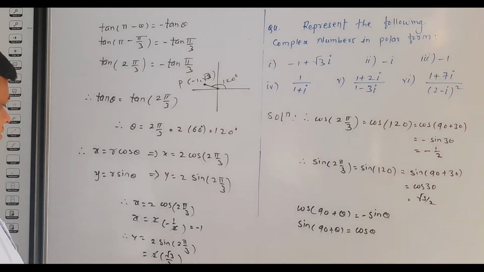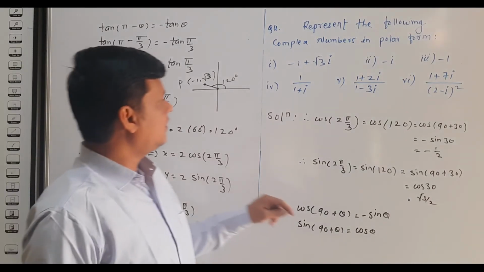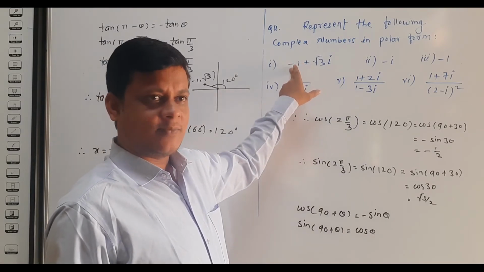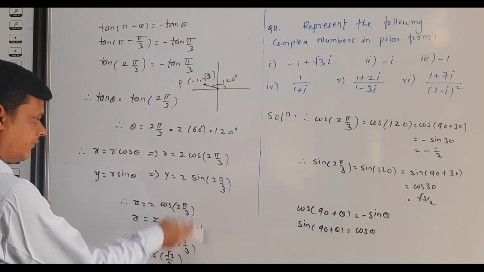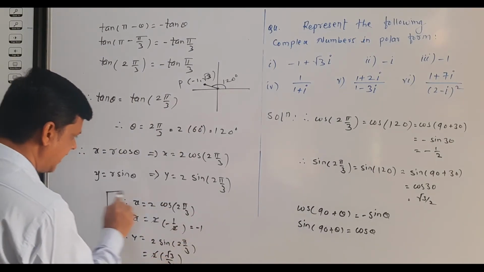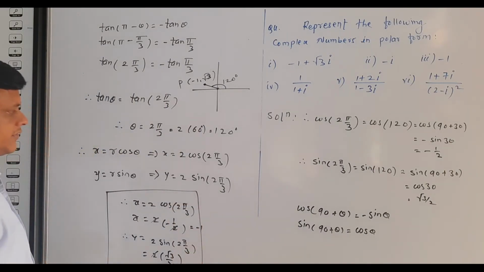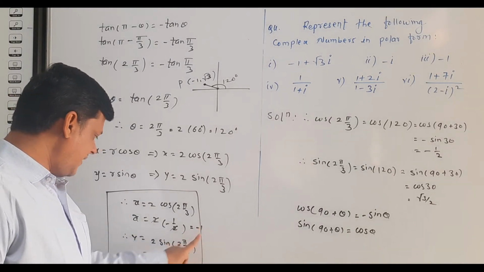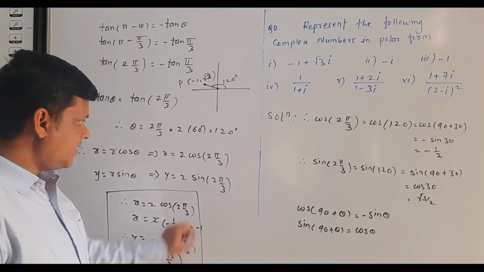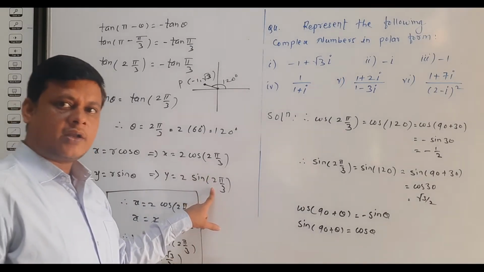Now check these values. We have the value of x as minus 1, value of y is root 3. So we have to confirm the angle. That means after substituting the value, we get the value of x as minus 1, value of y as root 3. That means this angle we calculated is right.